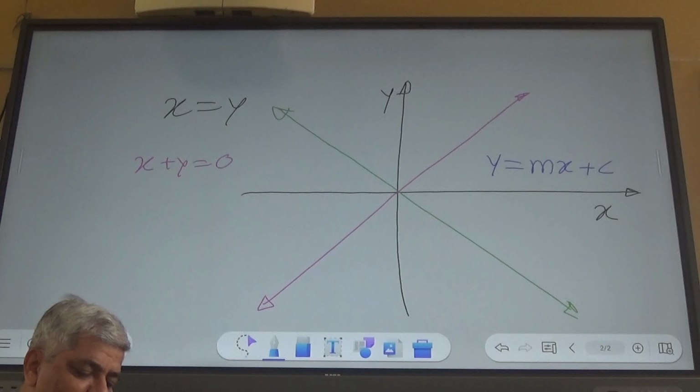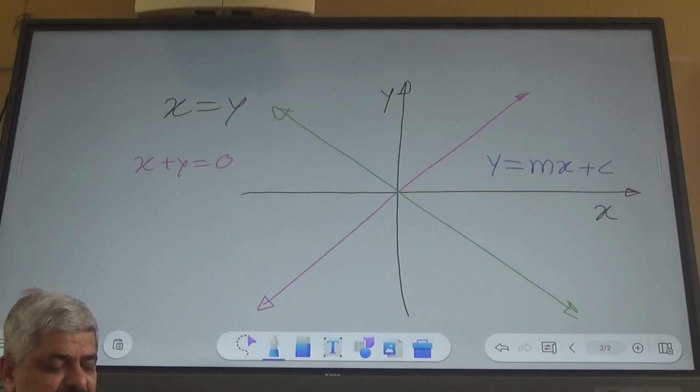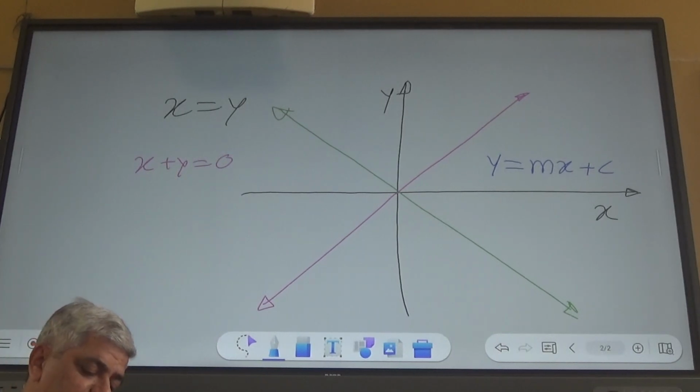What would be the equation of the y-axis in that case? I am deliberately asking teasing questions, so that it gives you some instant thinking.